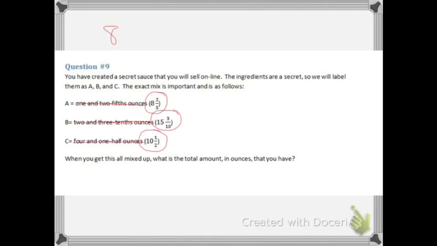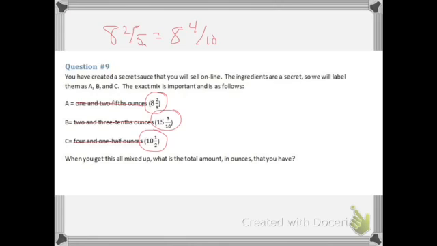In other words, 8 and 2/5 is the same as 8 and 4/10. What I did was I multiplied the numerator by 2 and the denominator by 2 so that I get the fraction restated.